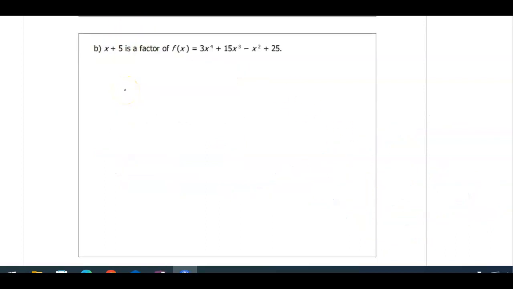All right, let's check B now. We want to find if x plus 5 is a factor. If x plus 5 is a factor, that means negative 5 is a 0, so when I do synthetic division, I should get a remainder of 0. Remember we have to put placeholders in. So I'd put 3x to the 4th, 15x cubed, negative 1x squared.